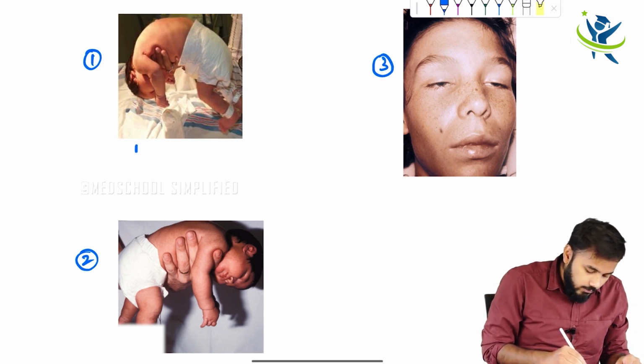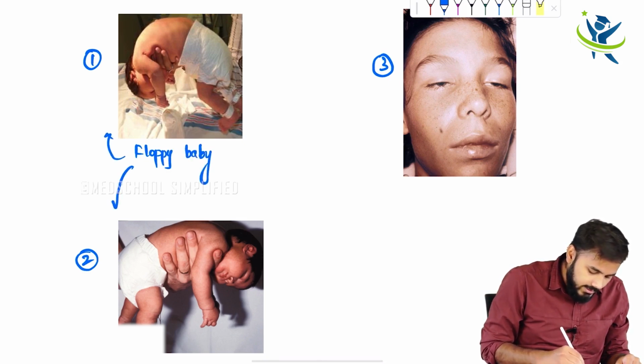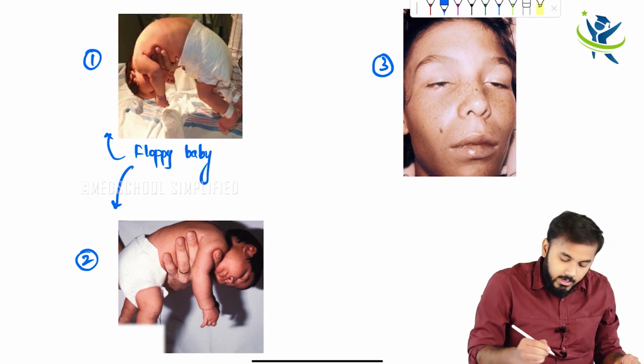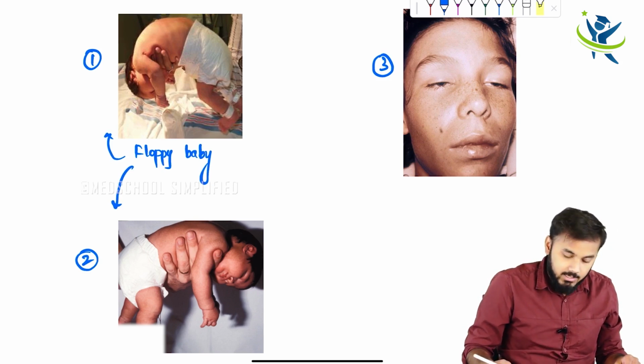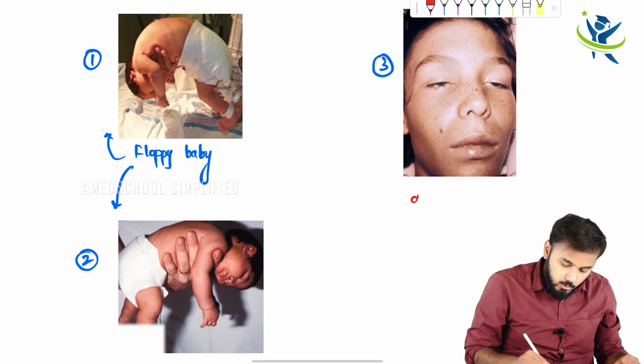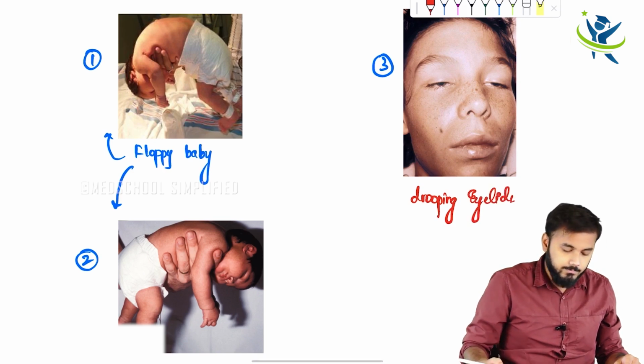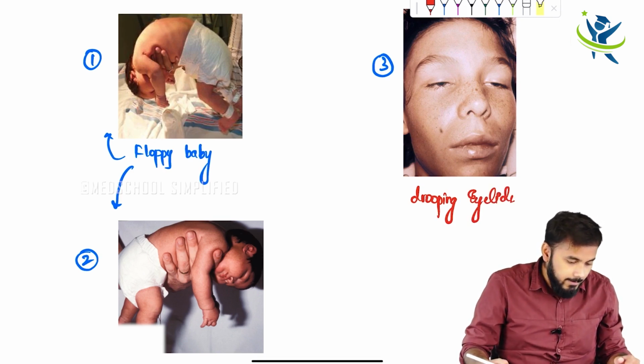So this is called floppy baby syndrome. This baby is called a floppy baby. Look at the eyelids of this baby in picture number 3. The eyelids are drooping down. So this is called drooping eyelids. Very good. Fine.